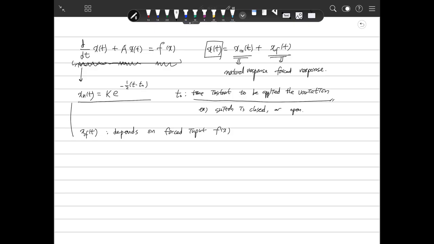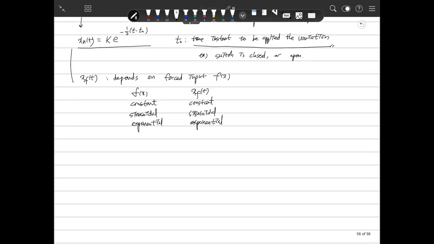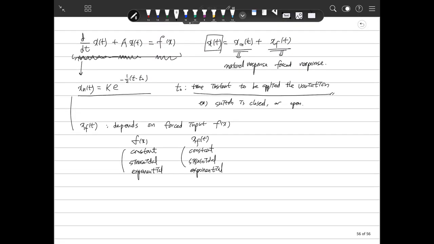If f(x) is constant, then x_f(t) is constant. If f(x) is sinusoidal, then x_f(t) is also sinusoidal. If f(x) is exponential, then x_f(t) is also exponential. Then we are ready to solve the first order circuit.